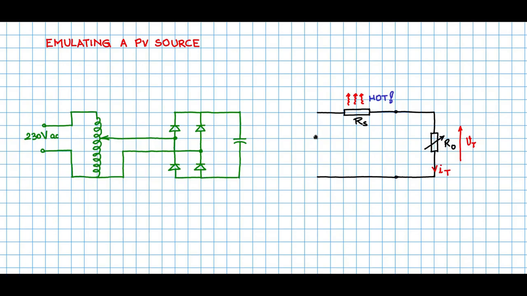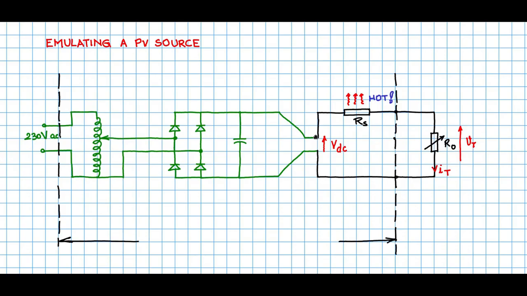A full bridge rectifier with capacitor filter output, and this will get connected to this point, and that will become the DC source. Now if you see, the portion of the system from here to here is what we will call as the PV source emulator.